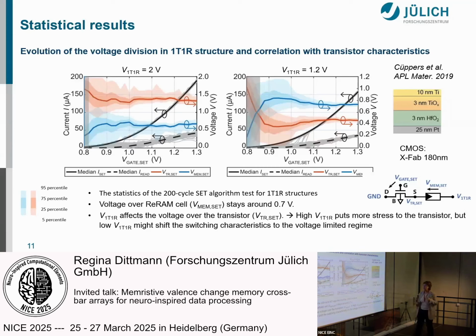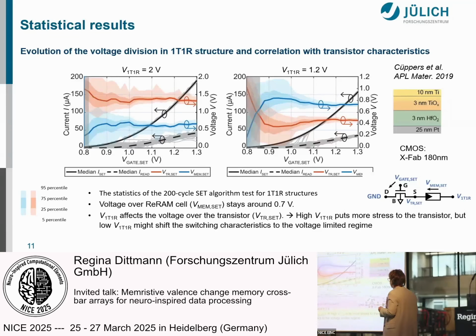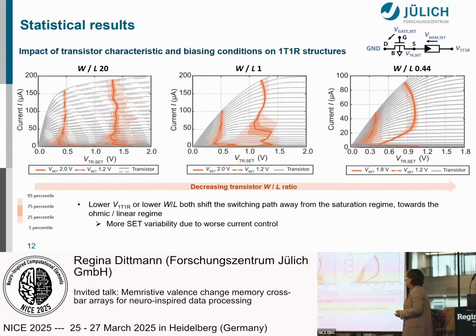On the other hand, if you take the switching pulse voltage too small, you might run into the problem that the voltage drop at the memristor is not sufficient. So there's a complex interplay here between the memristor and the transistor.